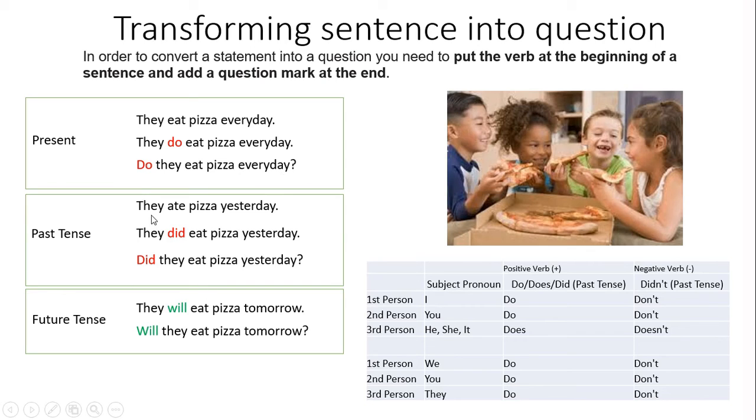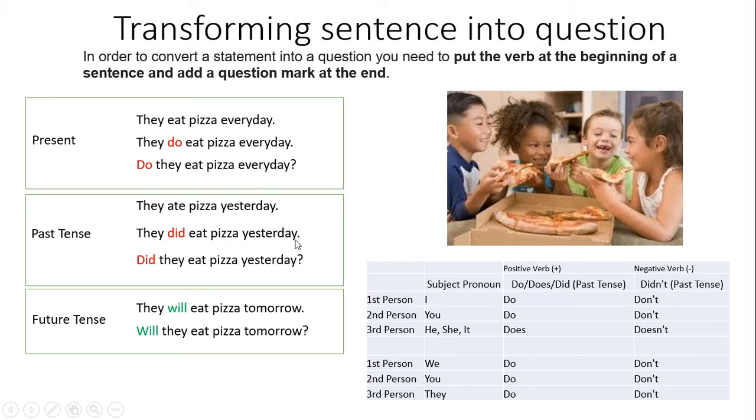Past tense. They ate pizza yesterday. So it happened yesterday. That's why you will use the word ate instead of eat. They did eat pizza yesterday.